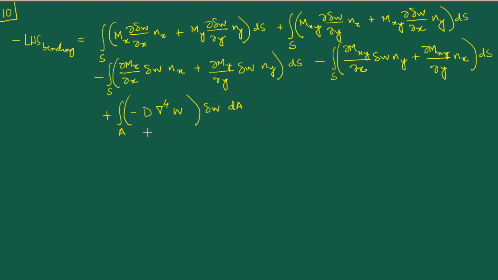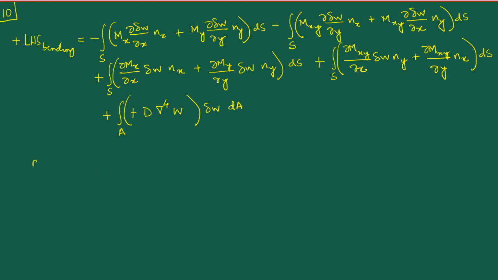Okay, next what I'm going to do is to put this minus sign from the left hand side back here. So this is minus, this becomes a minus, this becomes a plus, this becomes a plus, and this becomes a plus. So there we have our left hand side considering only the bending terms.